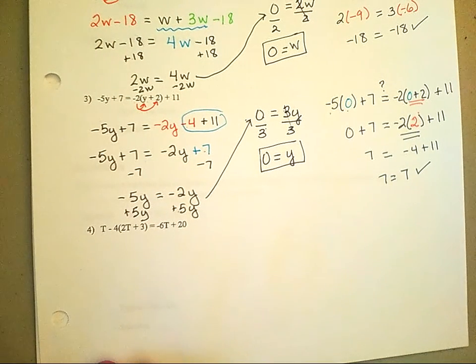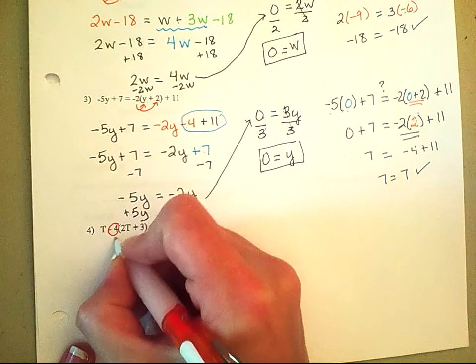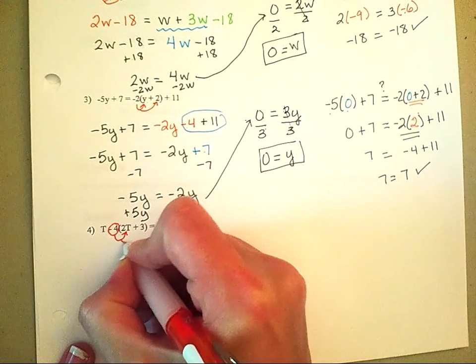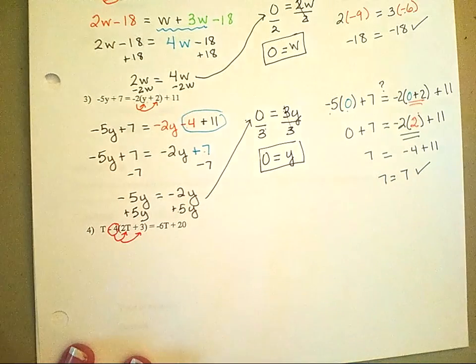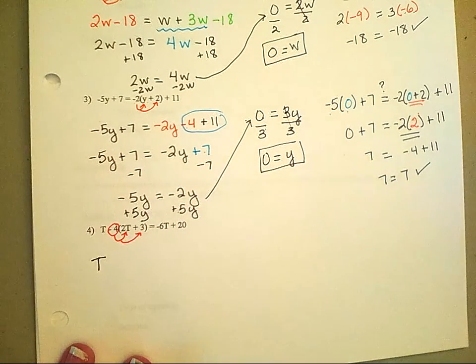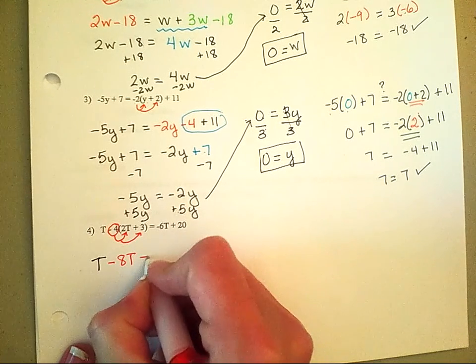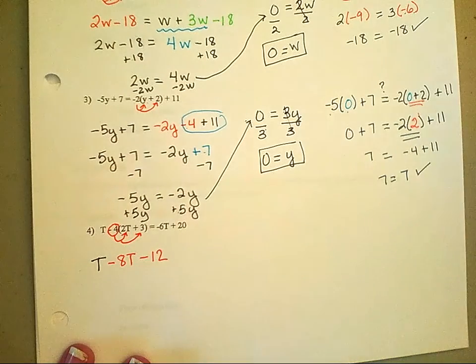Okay. Now let's solve this one. Again, simplify left and right hand sides. Just be careful this time when you're distributing that negative 4 because there's a subtraction there. So we have t is equal to, now, negative 8t minus 12.